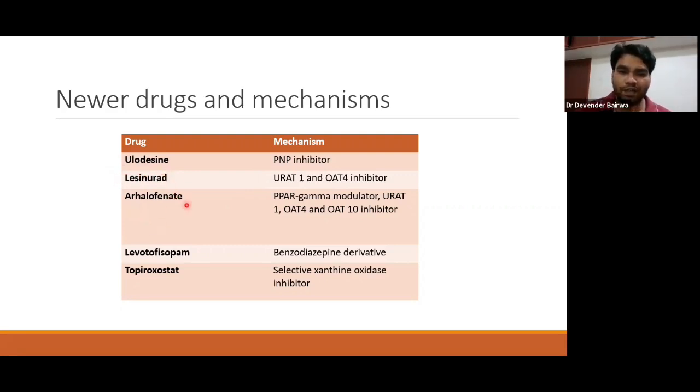Then we have arhalofenate. This is originally a PPAR gamma modulator, but it can also inhibit URAT1, OAT4, and OAT10. So out of these new drugs, these two are utilizing the renal handling of uric acid as their mechanism of action.